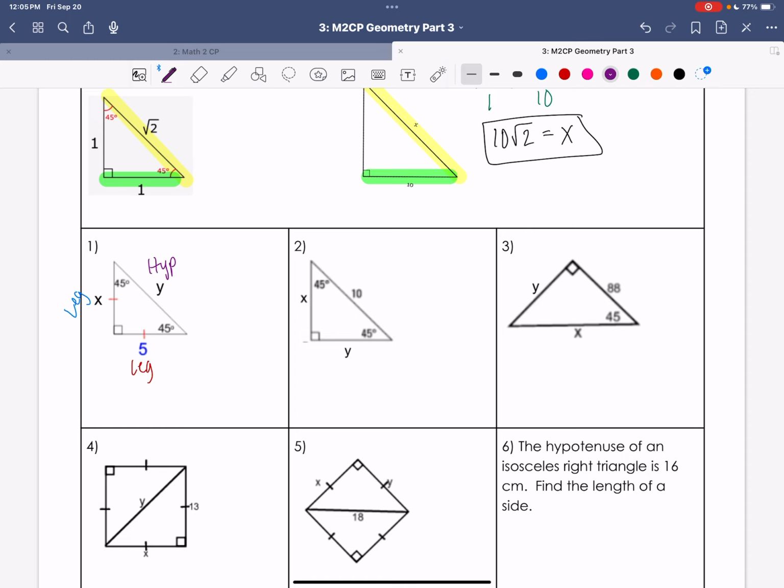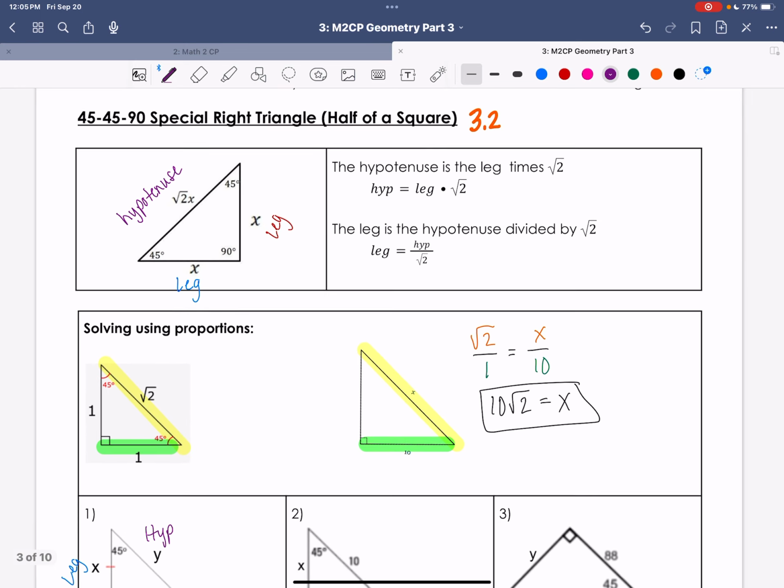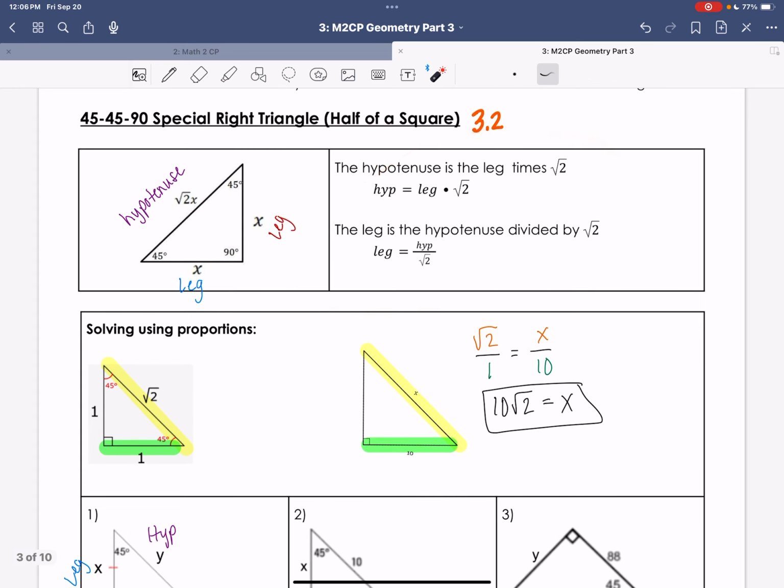Since it's a 45, 45, 90 triangle and we want to find the hypotenuse, we're going to do up here. So if we're looking for the hypotenuse, then we're going to take the leg times radical 2.